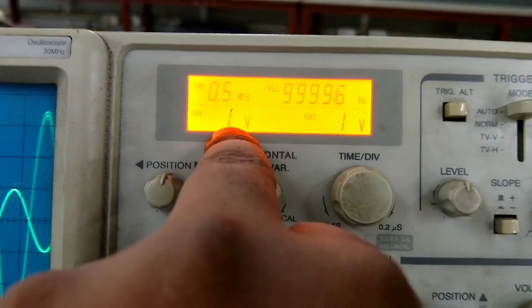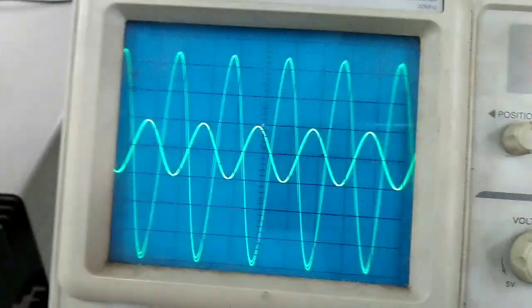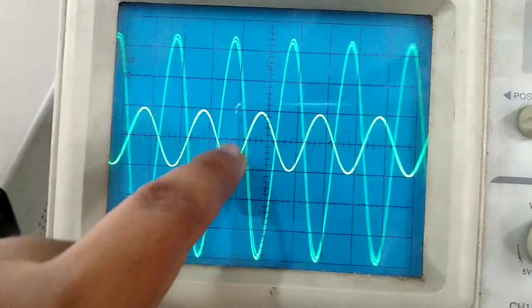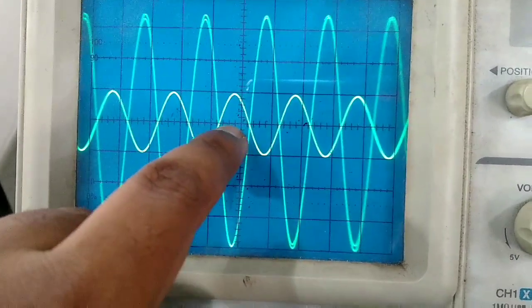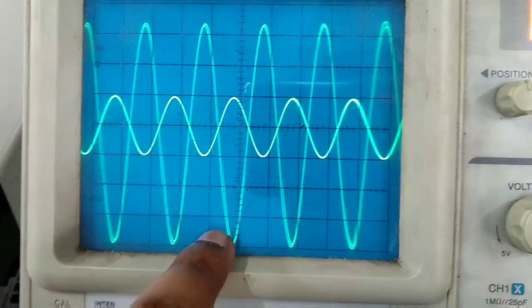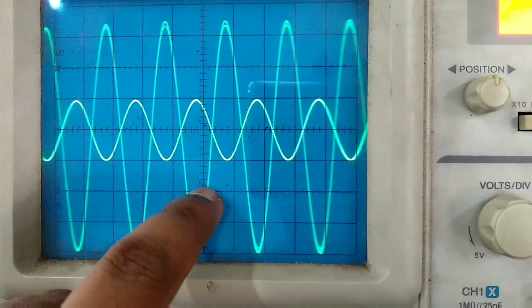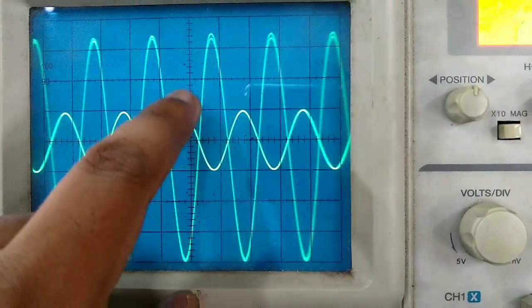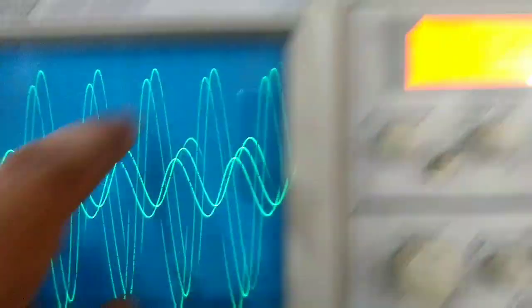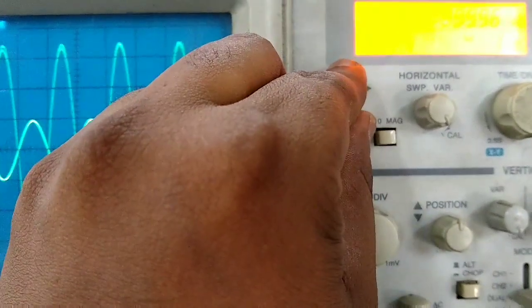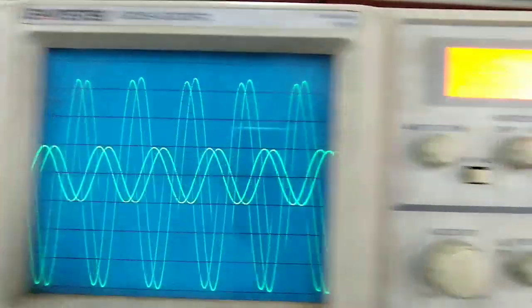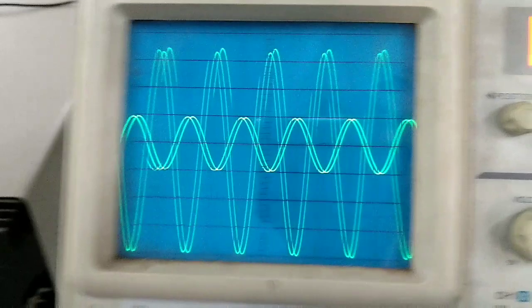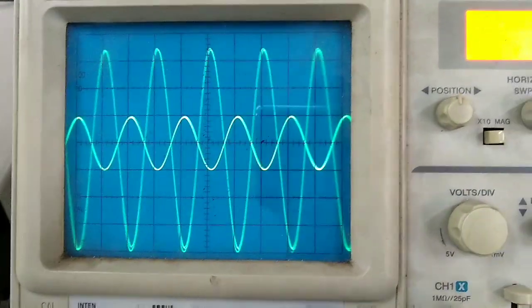See, the volts per division is 1 volt for both channels. If you analyze the input voltage, that is 1 plus 1, it is 2 volts, and the output voltage is 1, 2, 3, 4, 5, 6, 7 and 2 small divisions. Volts per division is 1, so 2 small divisions means 0.4, so 7 plus 0.4 is 7.4 volts.